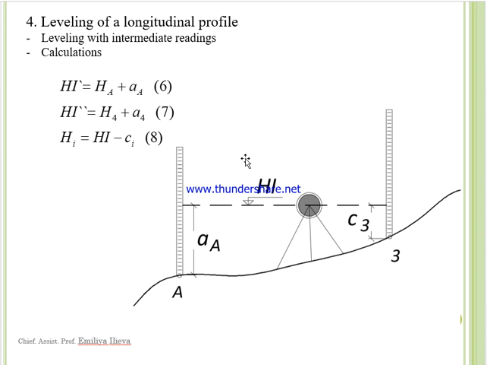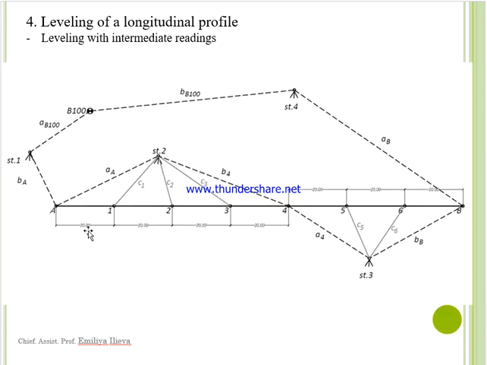In our example, we have two times that we need to calculate the height of the instrument. This is firstly when we move the instrument to point A, and then when we move the instrument to point 4. I'm going to move back to the scheme.